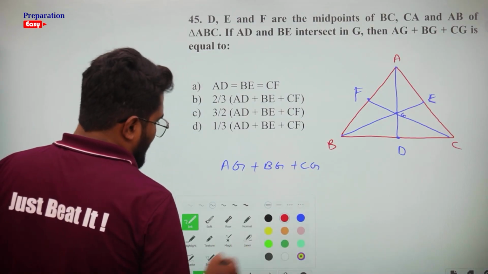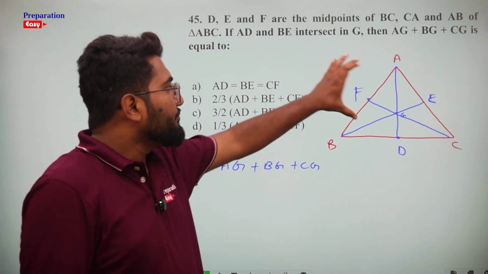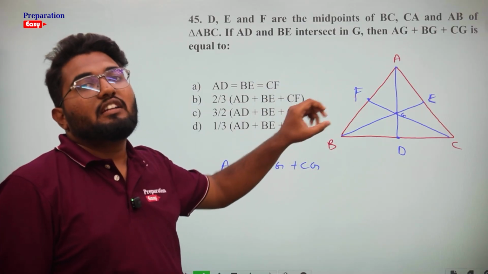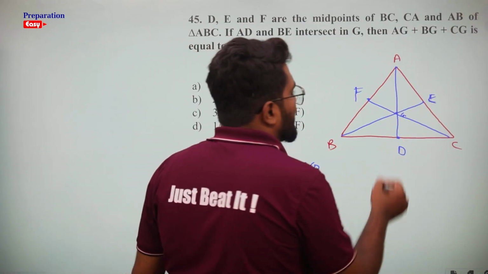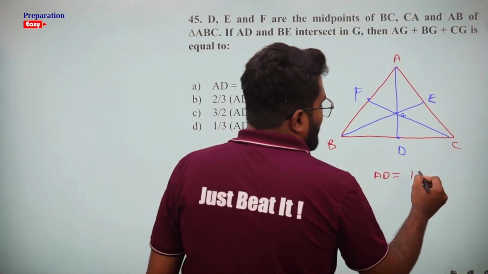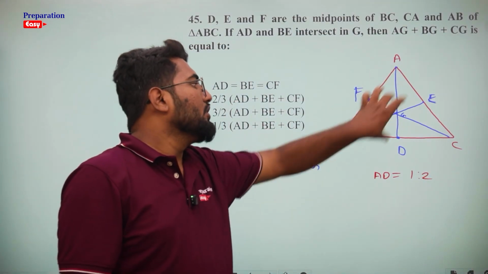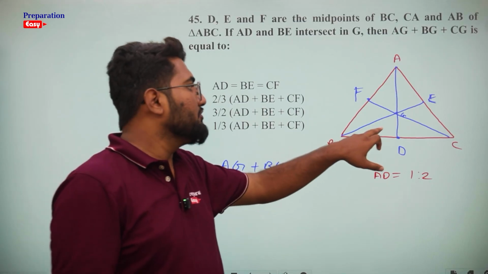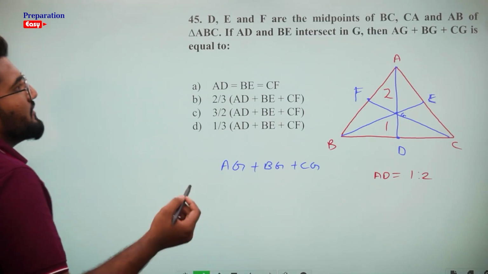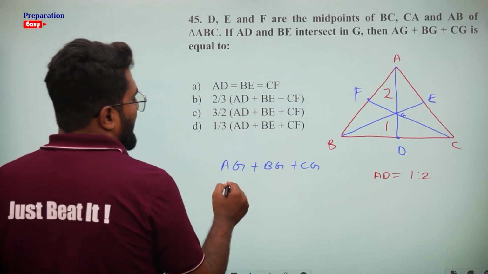There is one formula which states that whenever the three medians of a triangle intersect at the centre, it divides the segment, that is AD, into 1:2 ratio. That is, this will be the one part and this will be two parts. So what we have to find, AG.